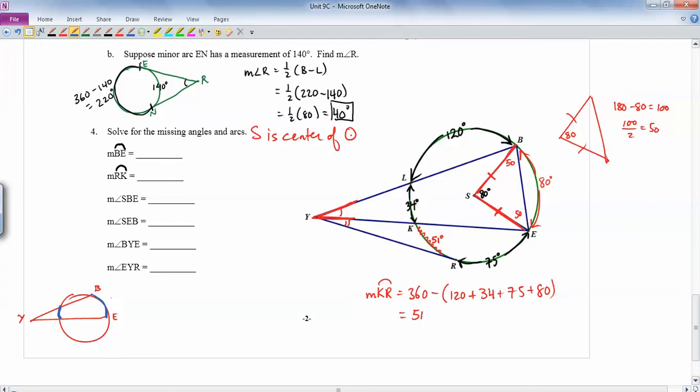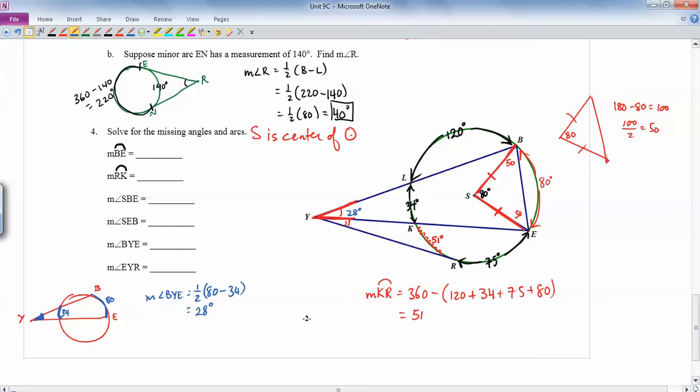The big arc it carves out is 80, and the little arc it carves out is 34. And I want this angle right now. So measurement of angle BYE is going to be half of the big arc minus the little arc. So that's half of 46, which is 23 degrees. So this angle is 28 degrees.